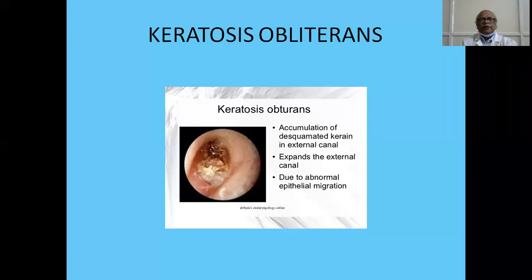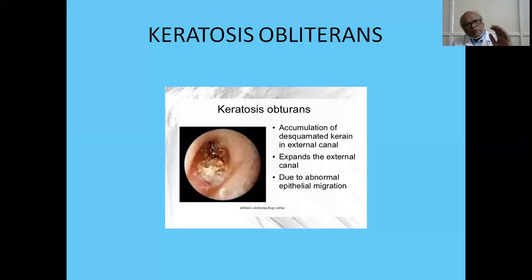Now, let me remind you, the external canal is the only skin-lined cul-de-sac in the body. It is lined by squamous epithelium. And the skin in the external canal is not like skin anywhere else in the body. It has some peculiar characteristic features.